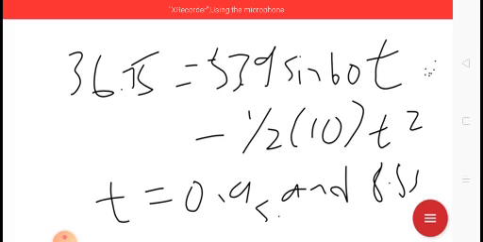You have a second time of 8.5 seconds when it has a height of 36.75 meters. So this is the basic thing that you need to use in order to solve the projectile motion equation.